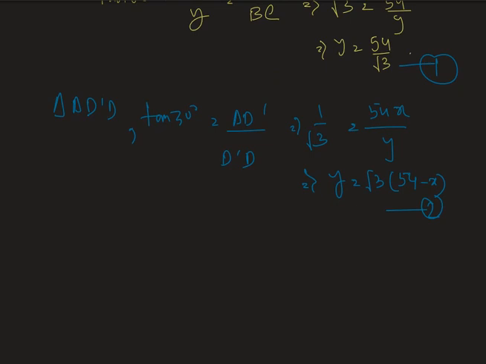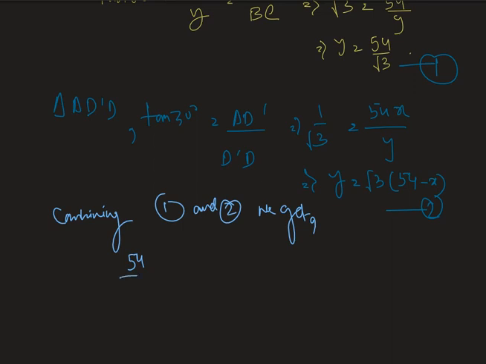Now combining these two equations, combining 1 and 2, we get 54 divided by root 3 is equal to root 3 multiplied by 54 minus x, and this implies that 54 is equal to 3 multiplied by 54 minus x.